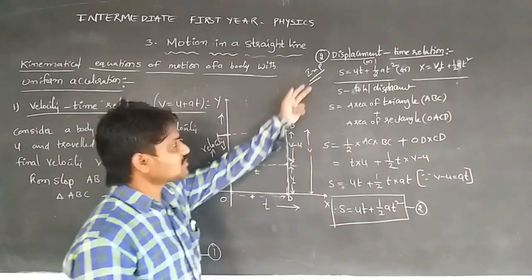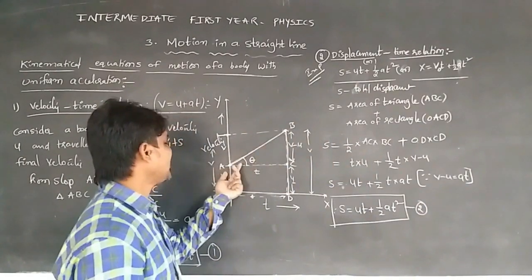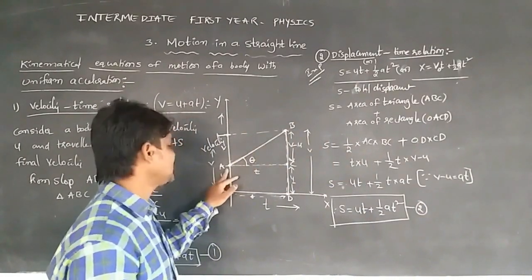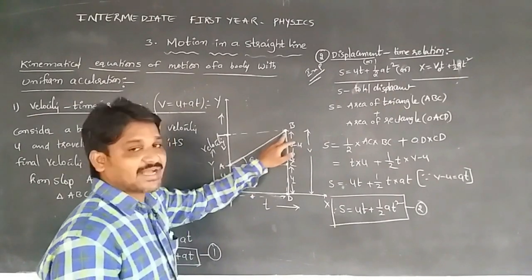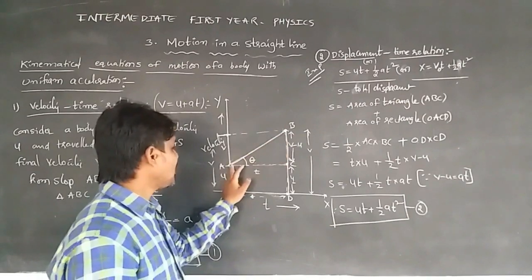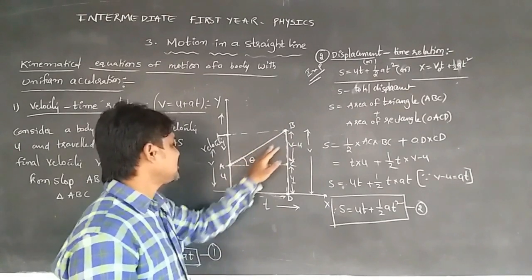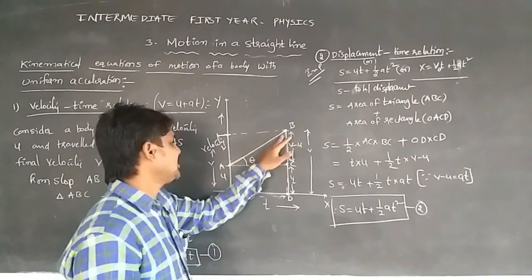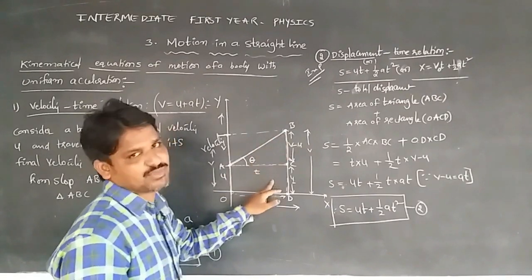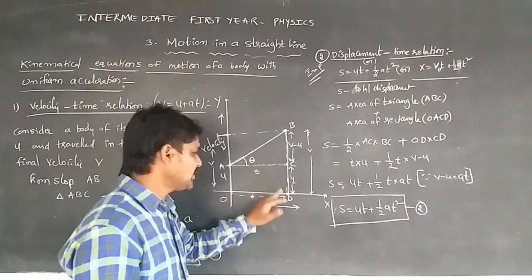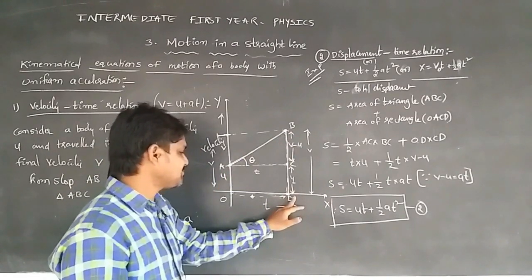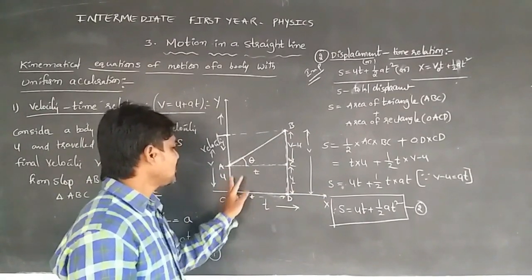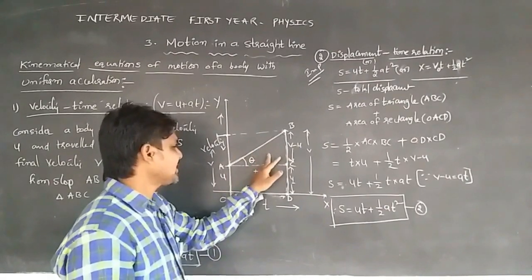Once again, to find the displacement when the body travels with uniform acceleration, having initial velocity u, after time t the final velocity will be v. The curved line is the tangential line, so the area under AB will be the total displacement of the body. When the perpendicular is drawn on the x-axis from AB, there is one rectangle and one triangle.